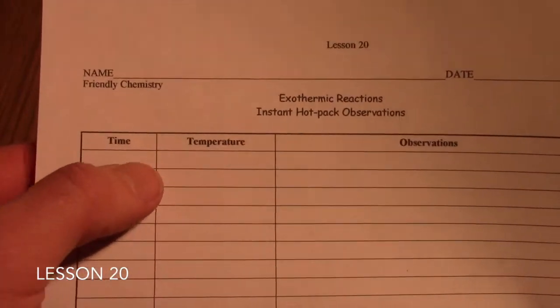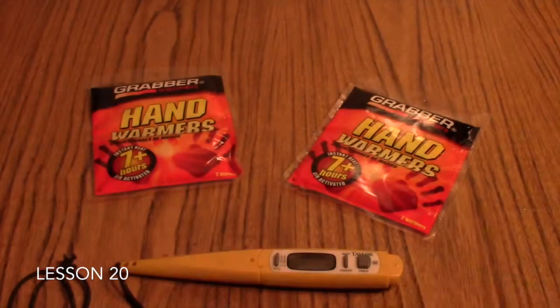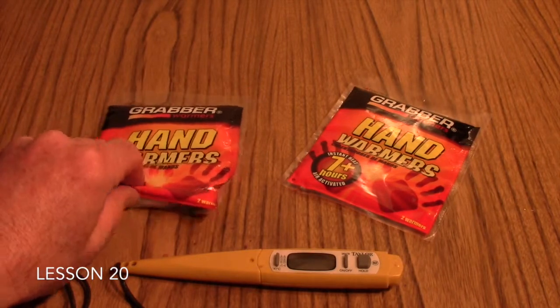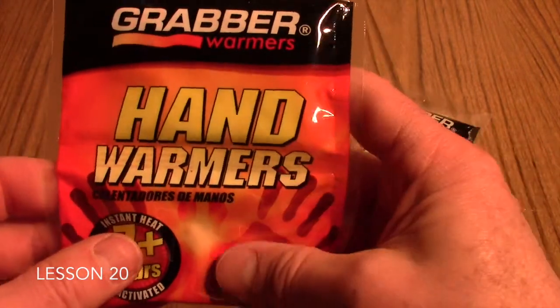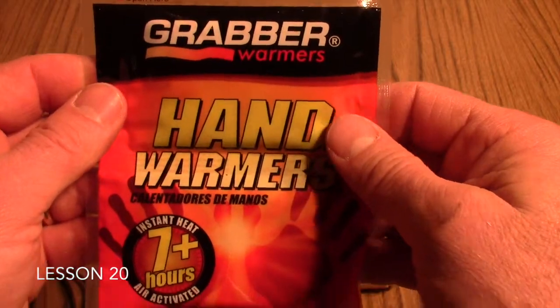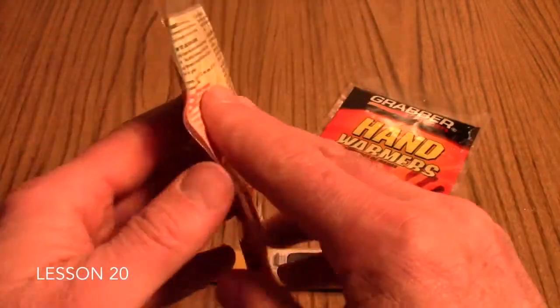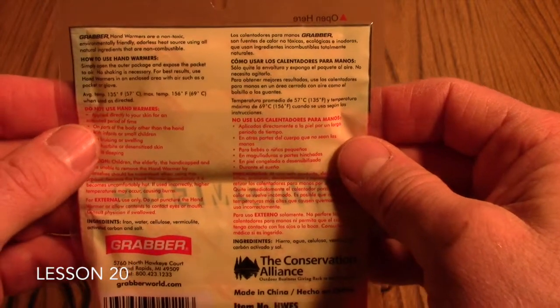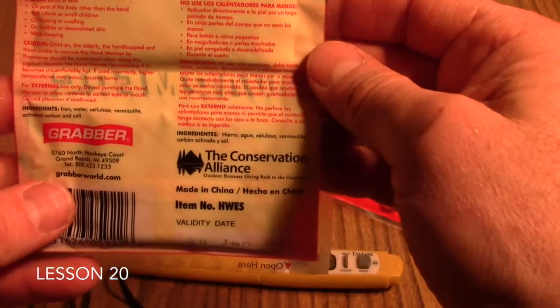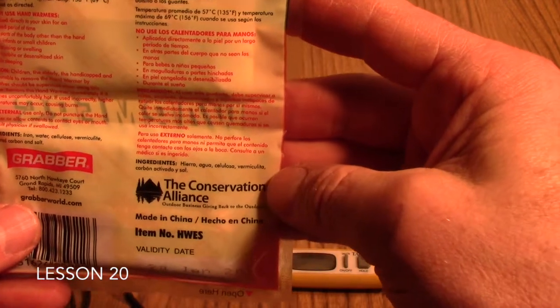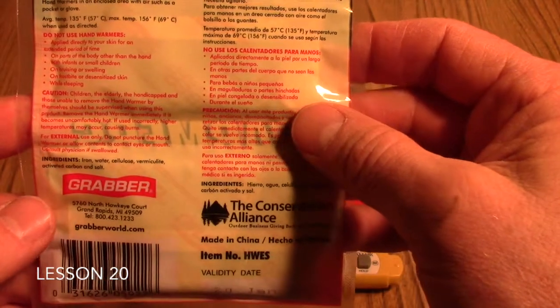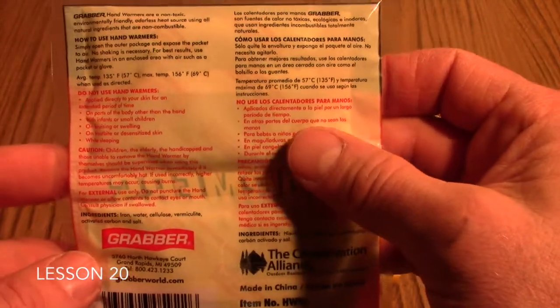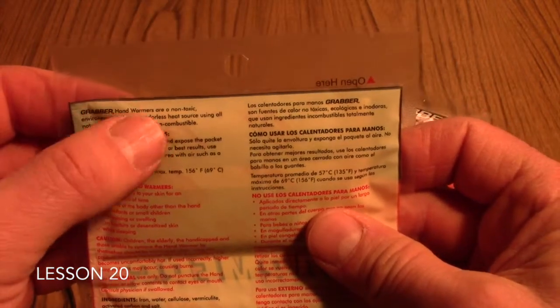So before you actually begin gathering data here, allow your students to take a look at the hot pack or cold pack, read all the label, all the stuff on the back about their use, and then what you may do is ask your students to hypothesize what they think might actually be in these containers.